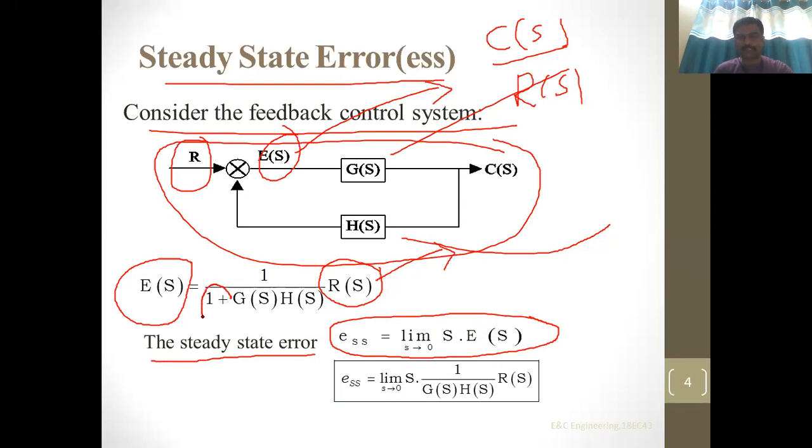Actually, this 1 is constant, so I can neglect it, or I can also consider it. If I neglect it, we get limit s tends to 0, s into 1 divided by G(s) into H(s) into R(s). And this is the expression that we shall use in evaluating the steady state error.